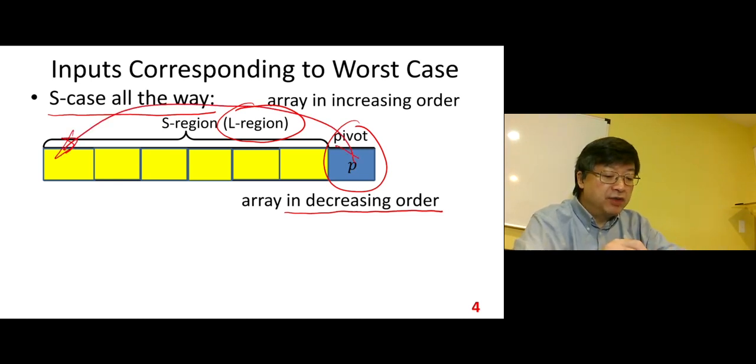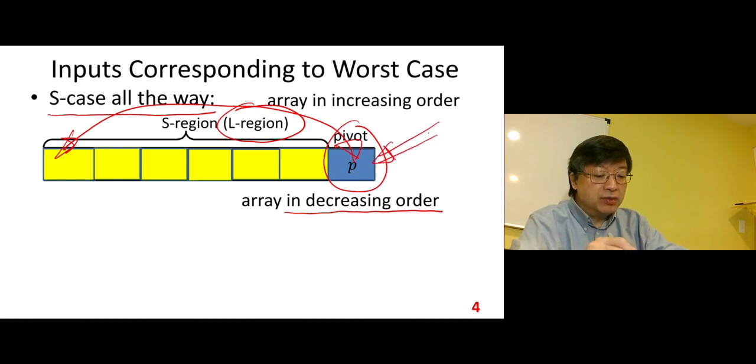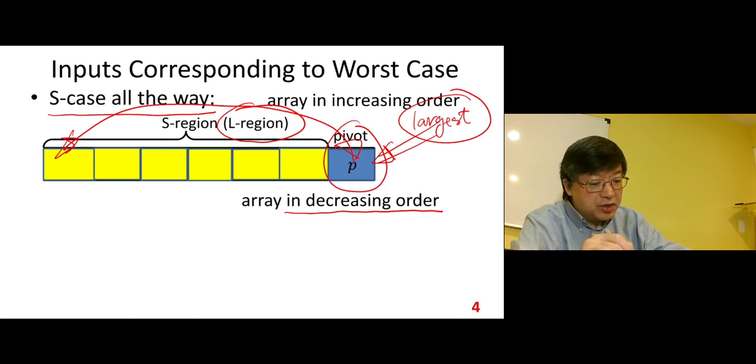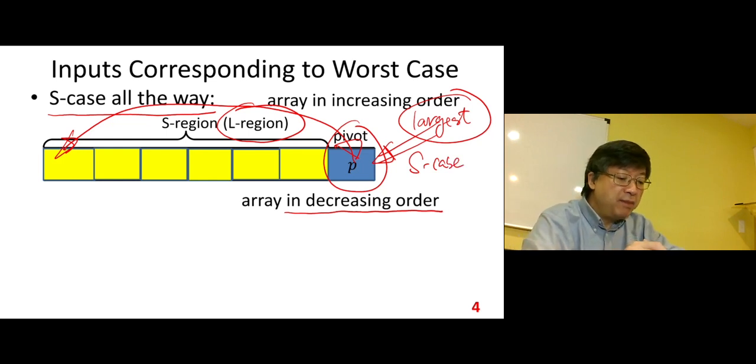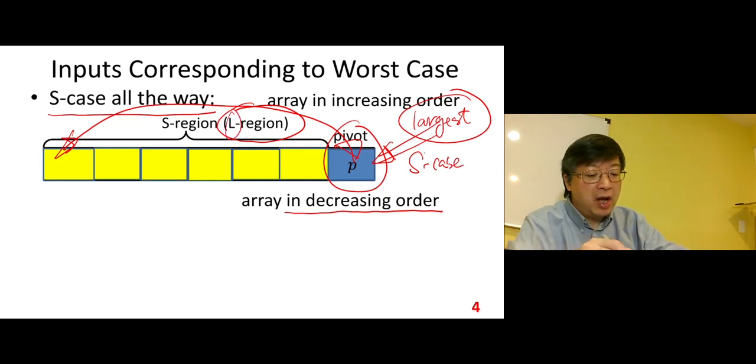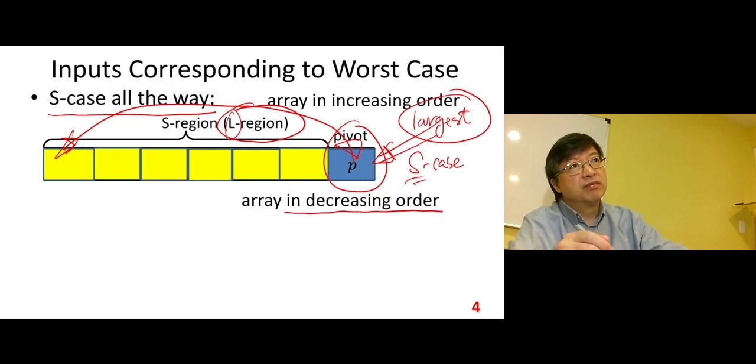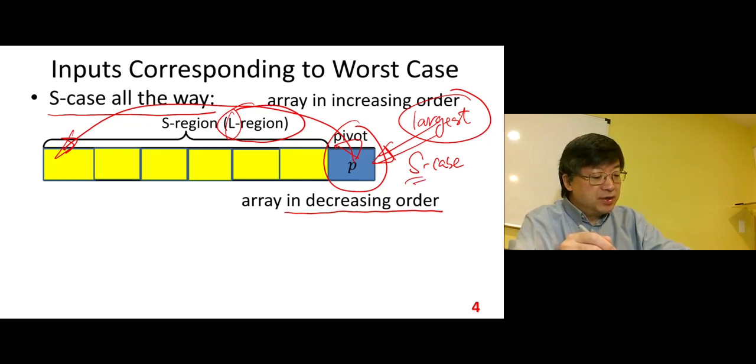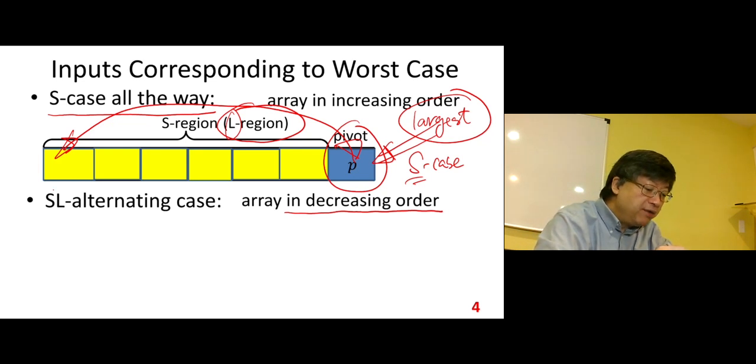After the swap, the new last element will be the largest. If it is the largest, the next time we will have an S case. So you can see the first time L case, the second time S case. So actually what we have is an SL alternating case.